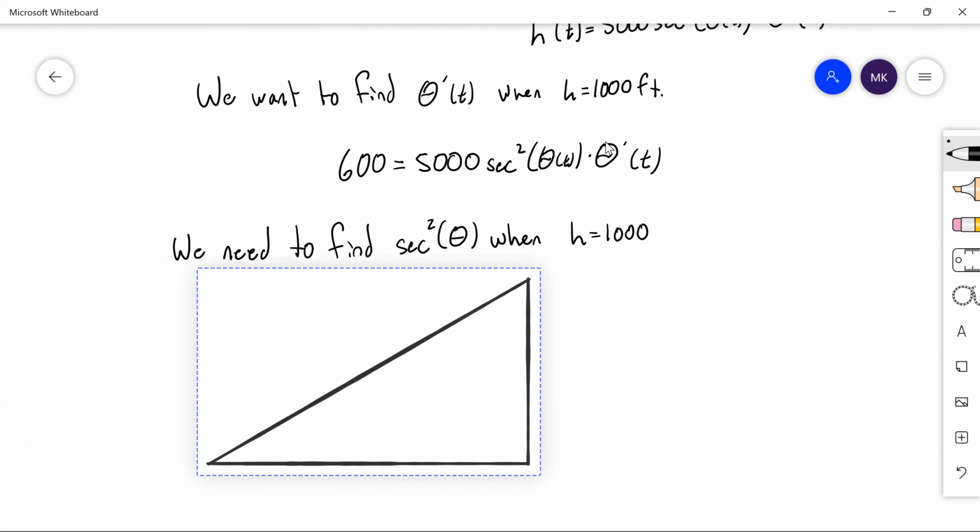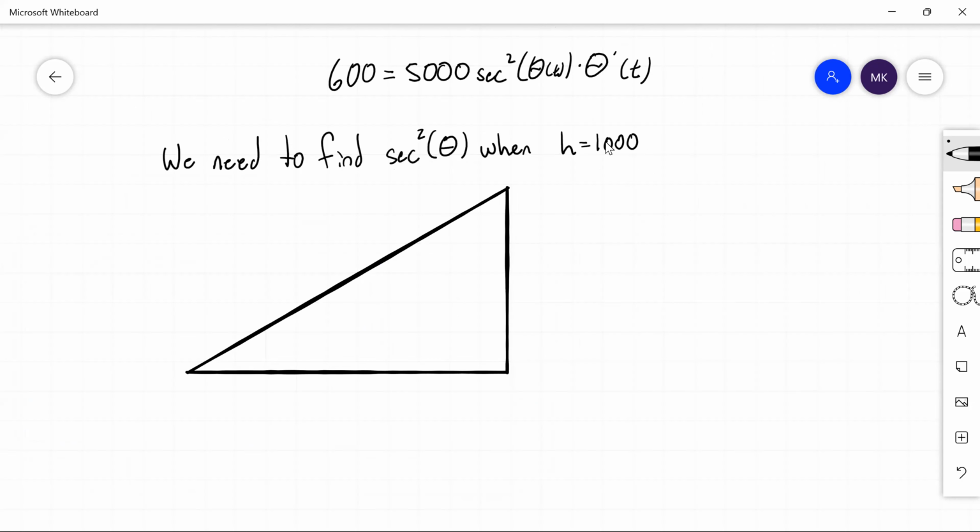Perfect. All right. So what I have here is 5,000 on this base. This is 1,000 at the moment we're looking at. And this is our theta. So looking at this, what is secant squared of theta? This is a lovely Math 112 problem.